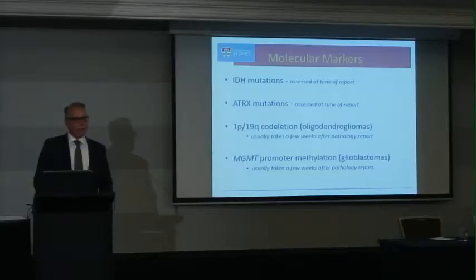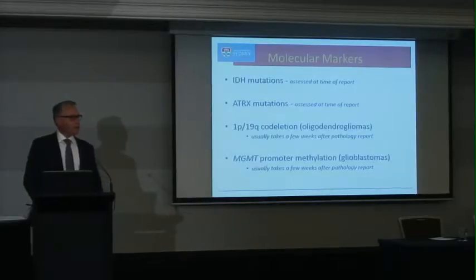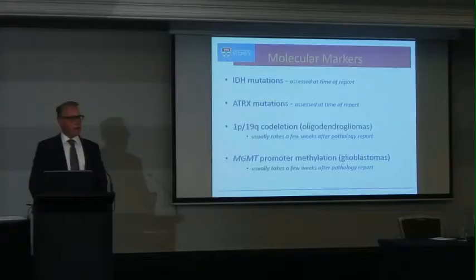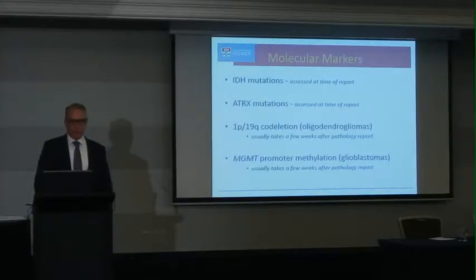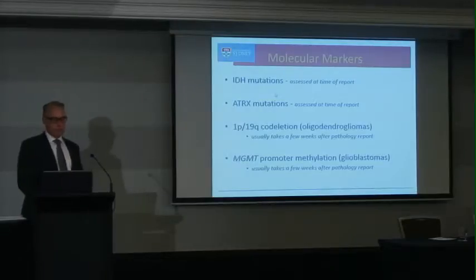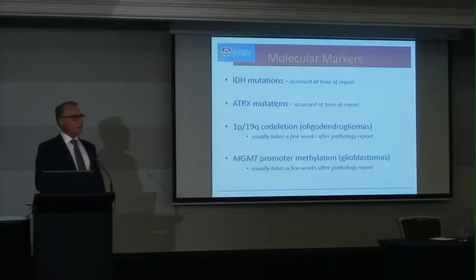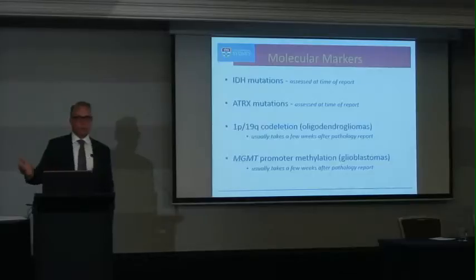So I'm just going to move now into some of the molecular markers that are used fairly routinely now in clinical practice. There's the IDH mutations, the ATRX mutations, 1p19q codeletion, and MGMT promoter methylation. Now, these days, IDH mutation status and ATRX mutation status can actually be assessed at the time of that formal pathology report.